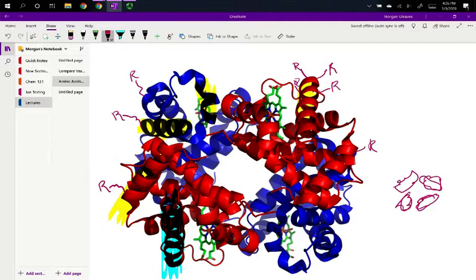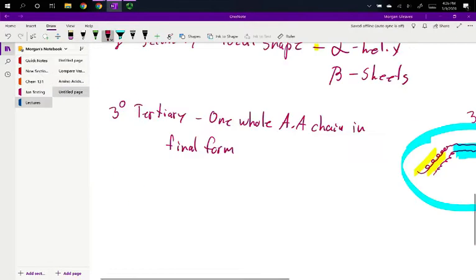They have to be combined. So when we talk about hemoglobin, it doesn't do you any good to really have one hemoglobin protein. You need the whole hemoglobin complex. And that leads us to our 4th degree, our quaternary structure.